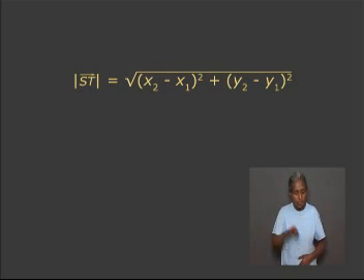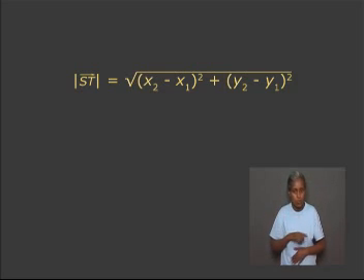If we find the difference between the second set of coordinates and the first, then square the difference and find the square root of their sum, the magnitude can be calculated. Follow along as we practice this technique.